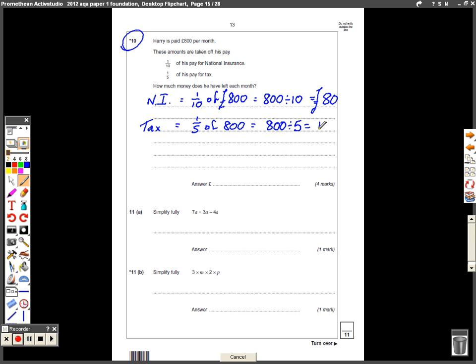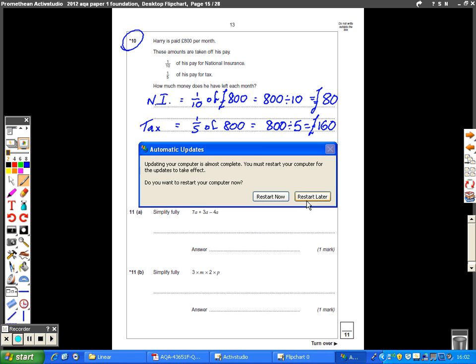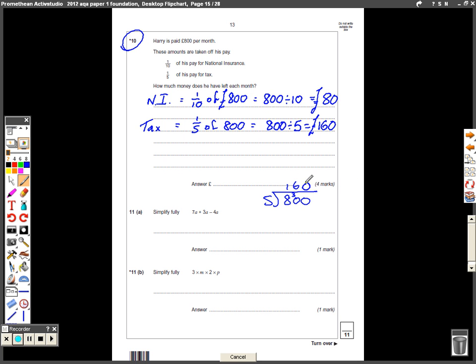So I can straight away write down that that's going to be 160. But if I didn't notice that, then I could do some working. 800, 5s into 8 go once, there's 3 left over, 5s into 30 goes 6, 5s into 0 go 0, so I've got my 160 that way.